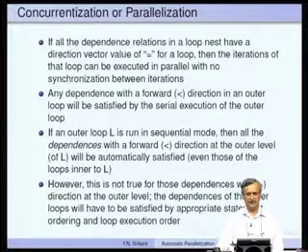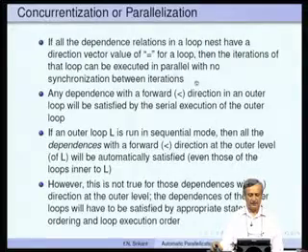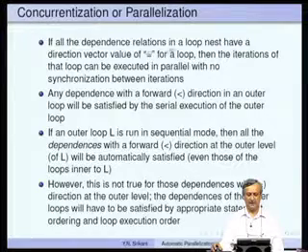Now, let us see what can be done about parallelization, concurrentization, etc. This statement I already mentioned a few lectures ago. If all the dependence relations in a loop nest have a direction vector value of equal to in a loop, then the iterations of that loop can be executed in parallel with no synchronization between the iterations.